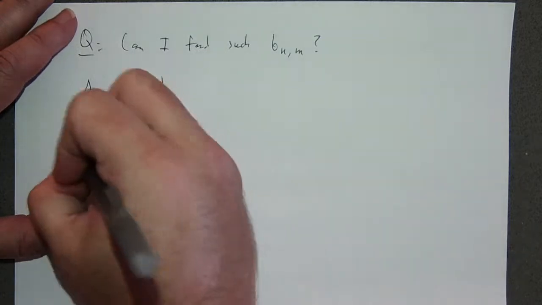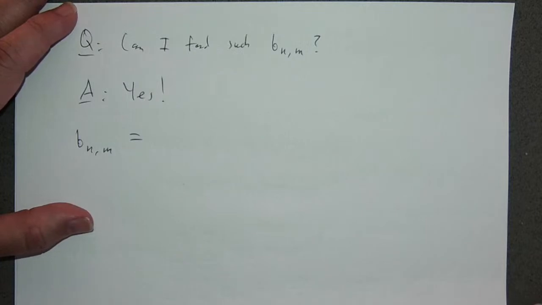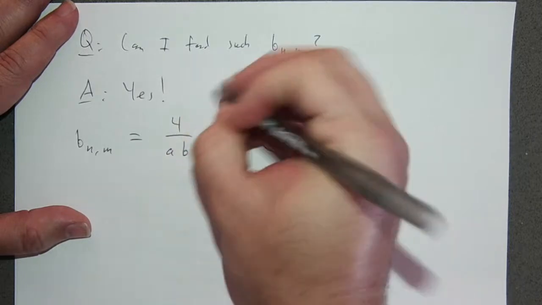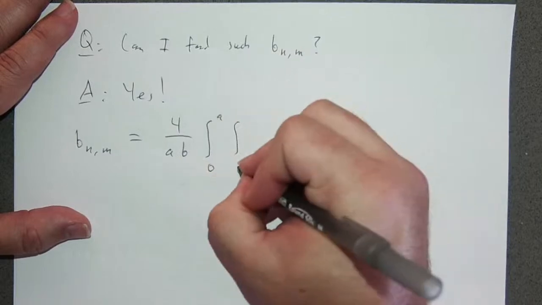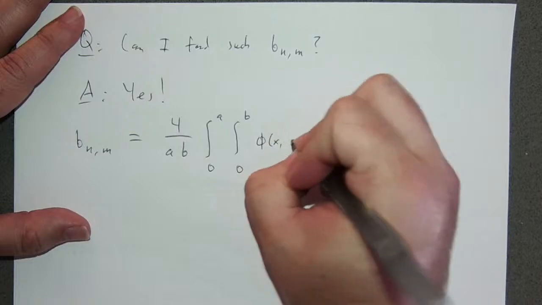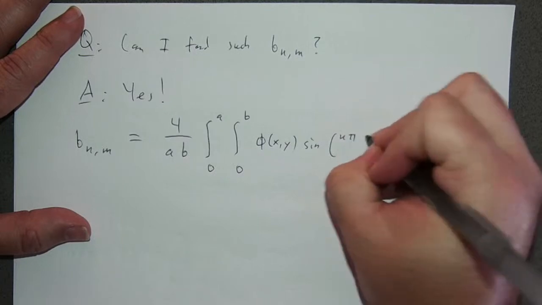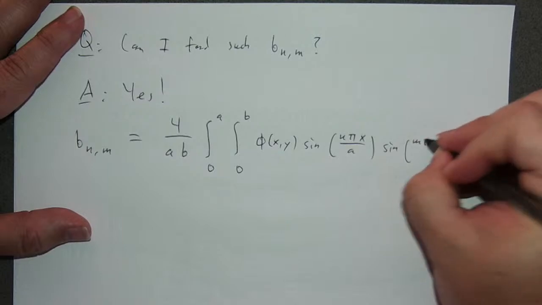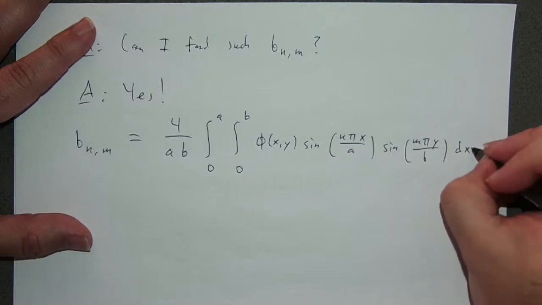In fact, b sub nm can be computed by more orthogonality stuff as 4 over ab times the integral from 0 to a, the integral from 0 to b, of phi of xy sine of n pi x over a sine of m pi y over b dx dy, or dy dx, whatever.